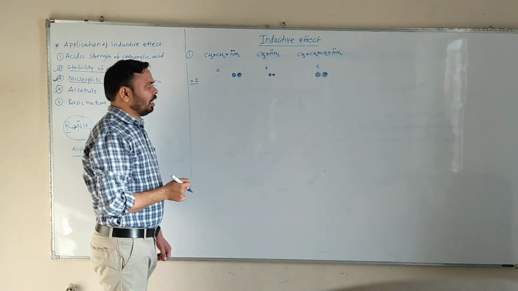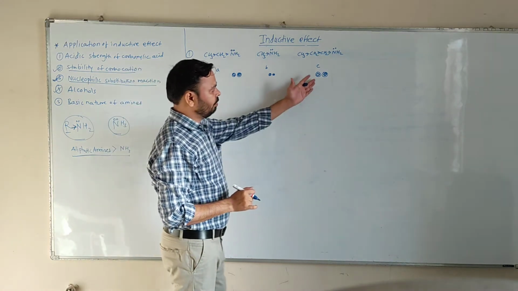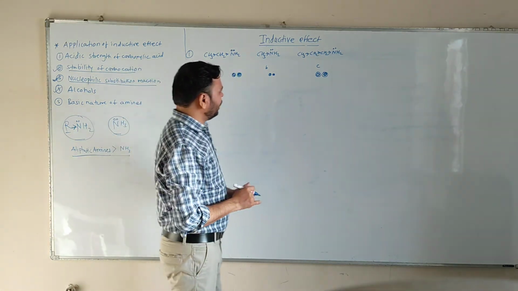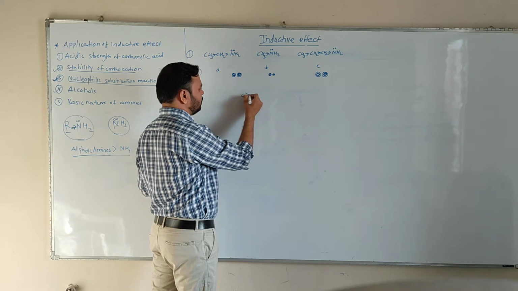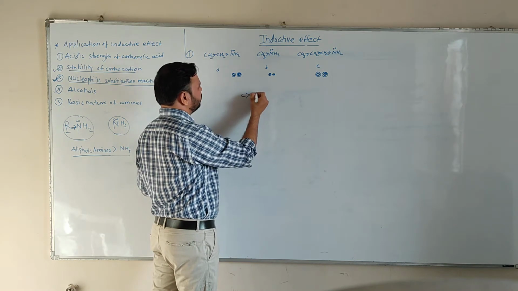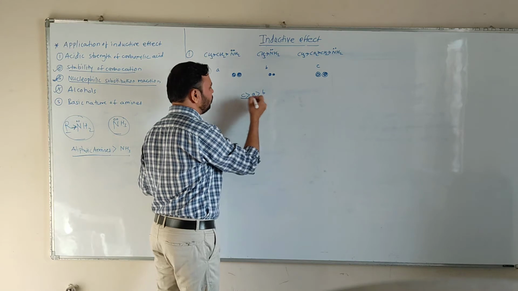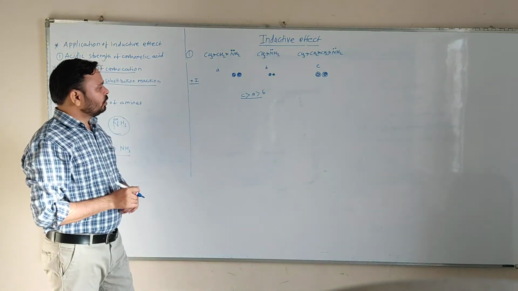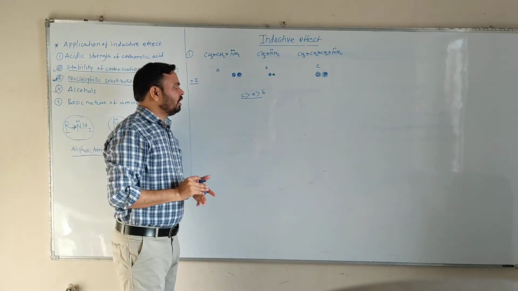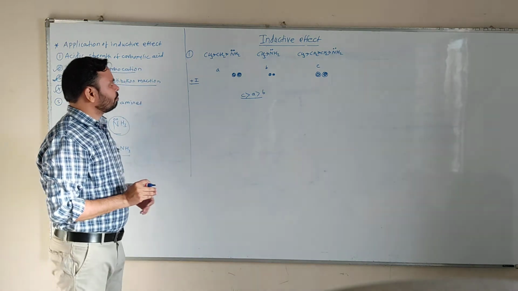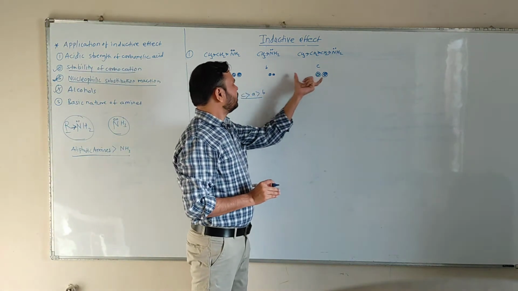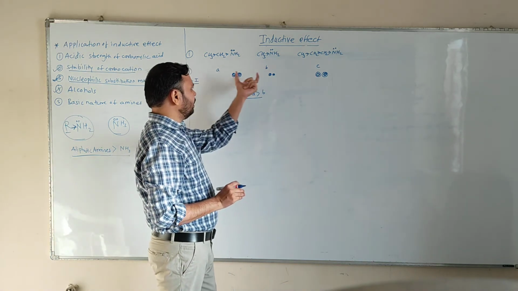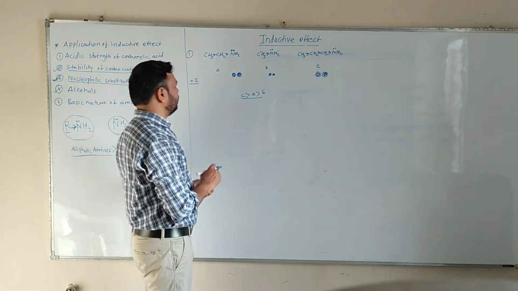So which has the highest density? C has the highest density. So the basic strength of amines, according to the Lewis theory, is C more than A more than B. So this is the order. This is the example of the basic nature of amines, in which propylamine is more basic than ethylamine and then methylamine. So this is example number 1.